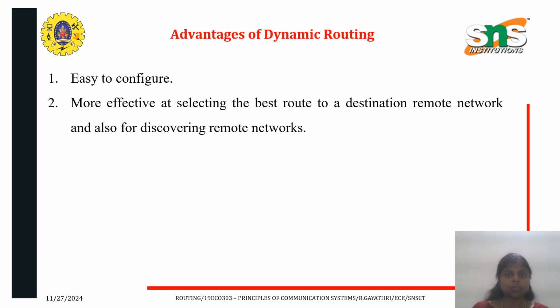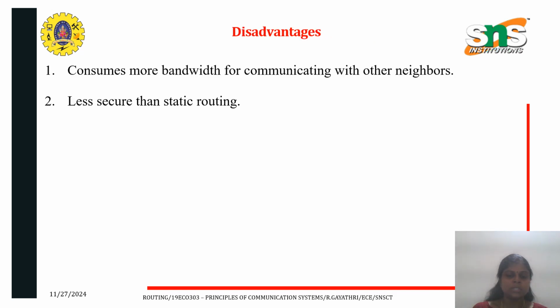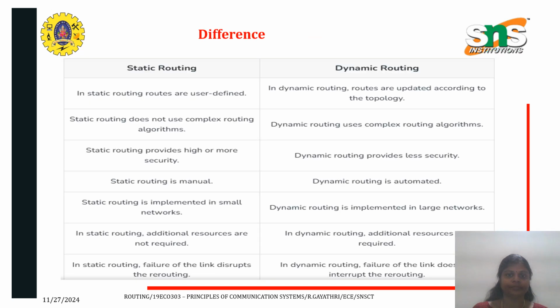The advantages of dynamic routing are that it is easy to configure and more efficient at selecting the best route to the destination remote network and also at discovering remote networks. The disadvantage is that it consumes more bandwidth for communicating with neighbors and is less secure than static routing.